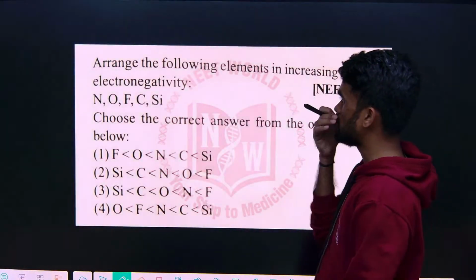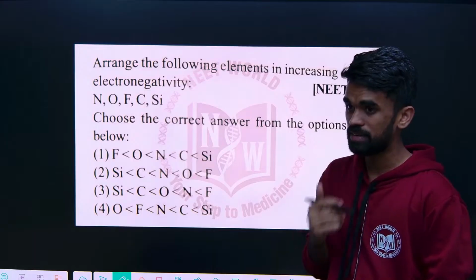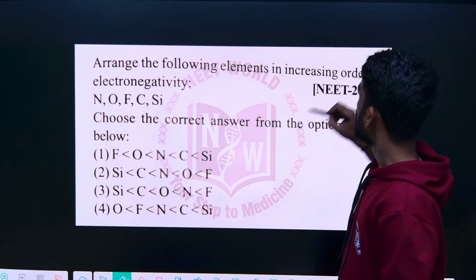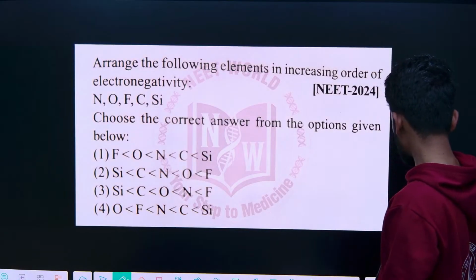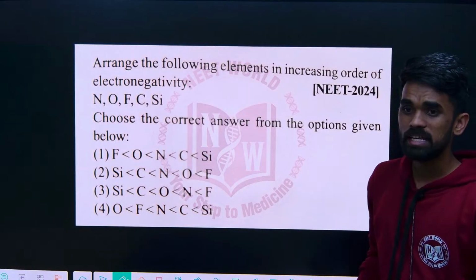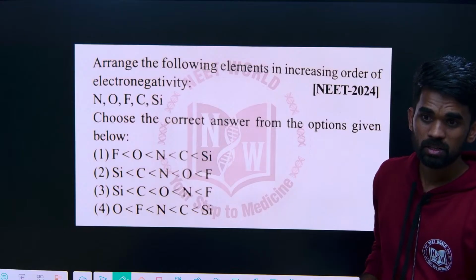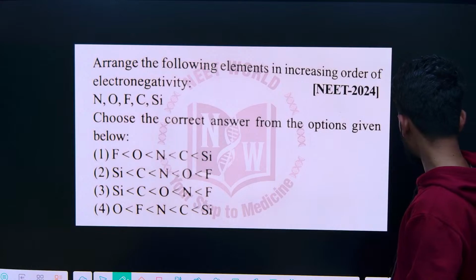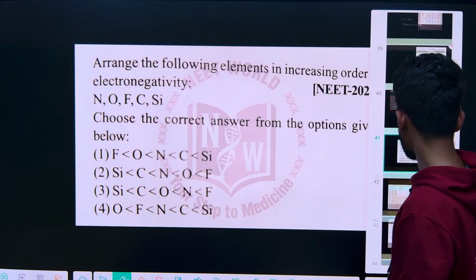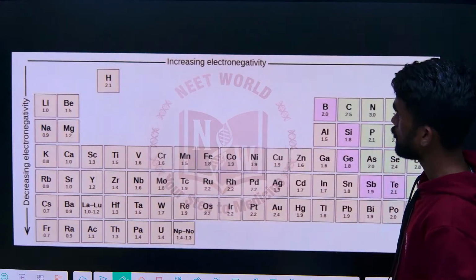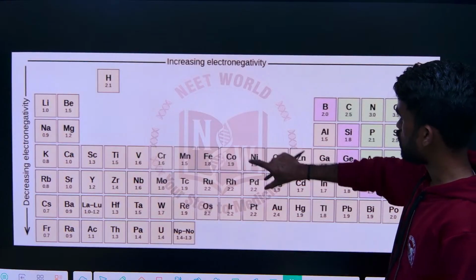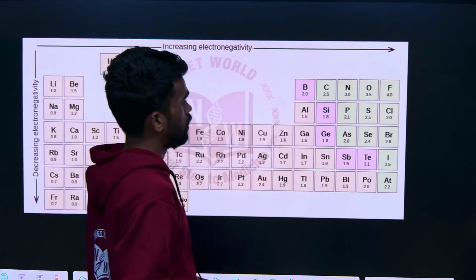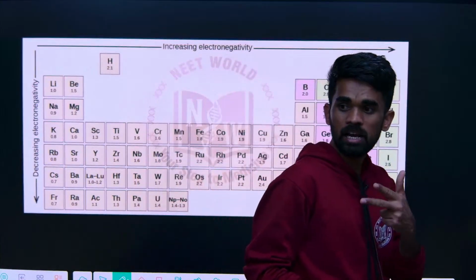Arrange the given elements based on their electronegativity order. What's your simple order? Remember, in the complete periodic table, the highest electronegative element is fluorine, and the second most is oxygen. Look at this table before answering so that you get more clarity. Here we have the Pauling scale of electronegativities. We have two scales actually, the Millikan scale and the Pauling scale.